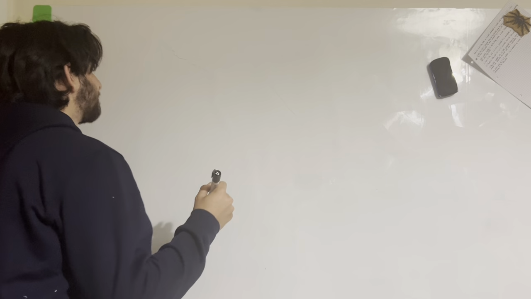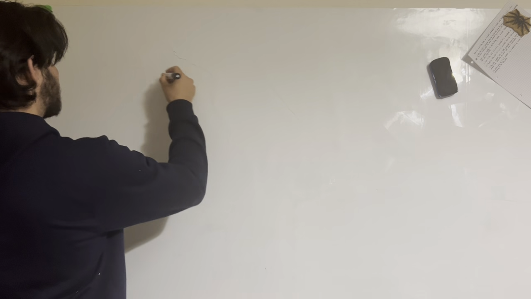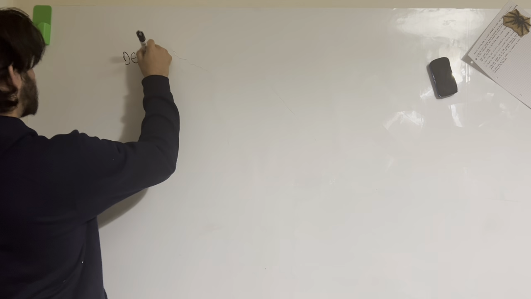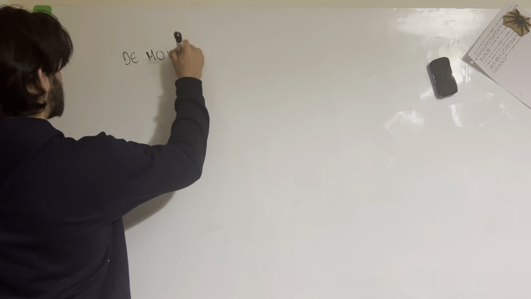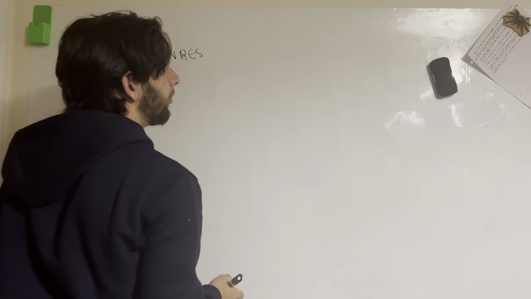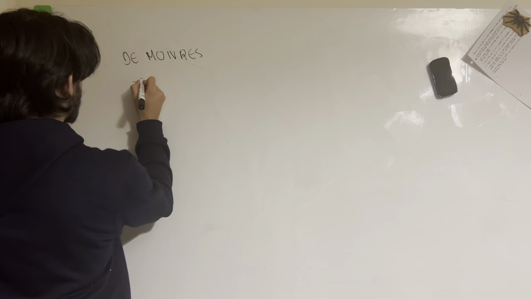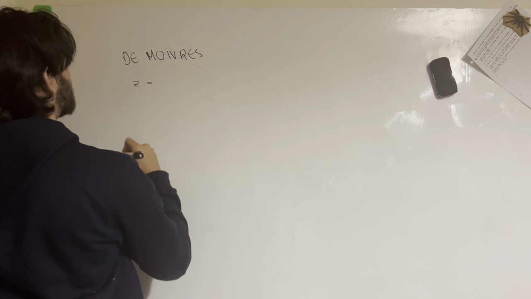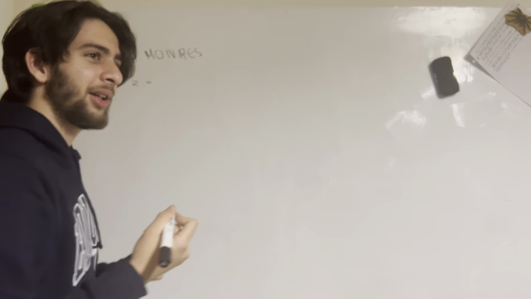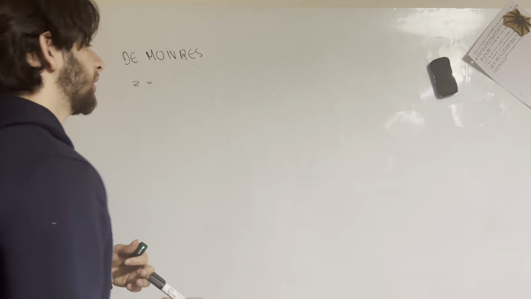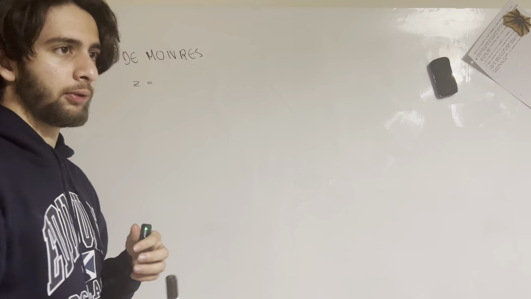But that aside, if we have de Moivre's right here, just as a theorem, we know that if we have some real number n and some complex number z, then z, if we define it to be anything that is relevant to our theorem, which is either the exponential form or the polar form.